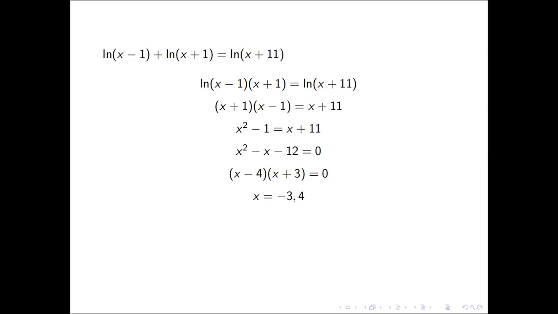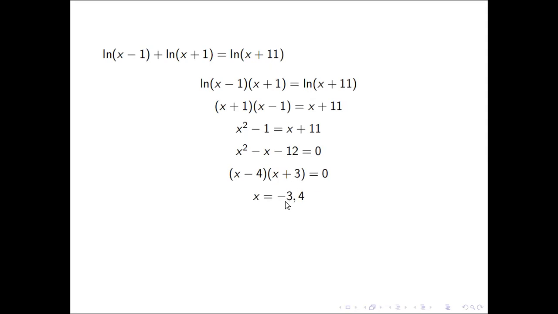So the ln and the other logarithmic functions are only defined when the numbers inside them are positive. So we will have to check each of the possible solutions here if they are in the domain of each of the logarithmic functions appearing in the original equation. For instance, if we plug in 4, we are all okay since all would be positive. 4 minus 1, positive. 4 plus 1, positive, so okay. 4 plus 11, positive, okay.